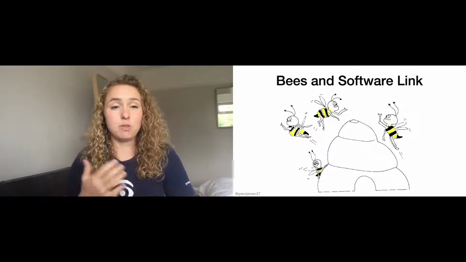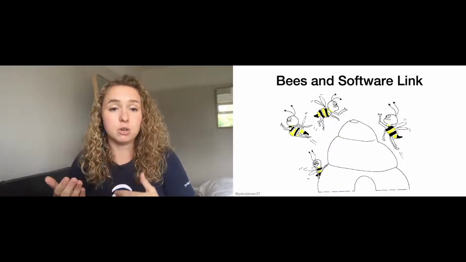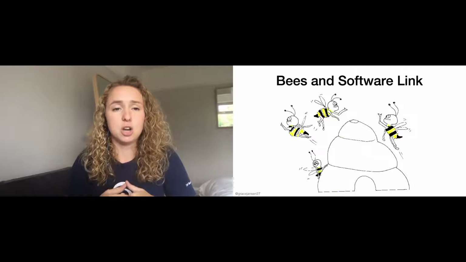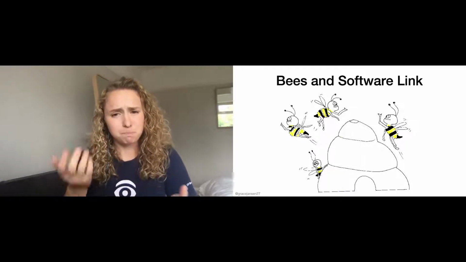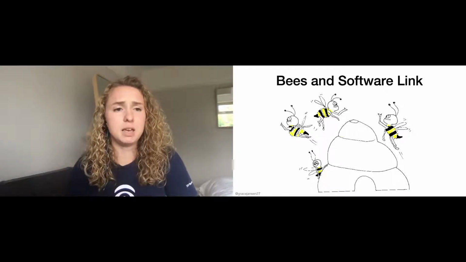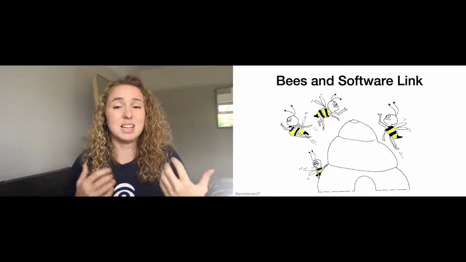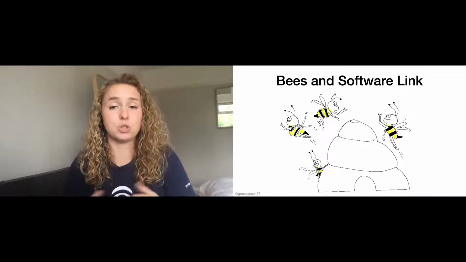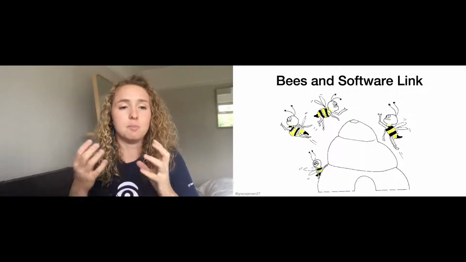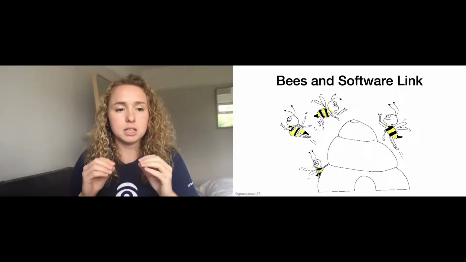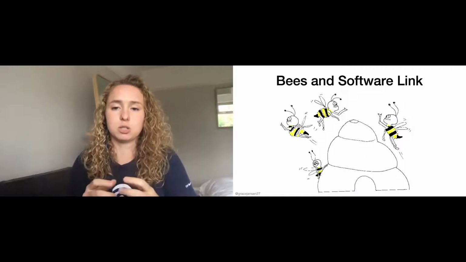And bees have been evolving the behaviors that we want to see in our own applications for millennia. In fact, the oldest bee fossil that was found, which was discovered back in 2006, is 100 million years old. So literally for millennia, they've been evolving and making these behaviors as efficient as possible.